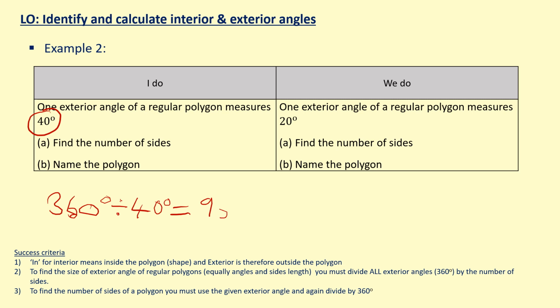So that means there's 9 sides. And the name of the shape would be a nonagon, 9-sided shape, a nonagon. That's supposed to be an O. That's supposed to be a G. There we go. Okay, the we do, 20 degrees. Pause the video, have a go, please.